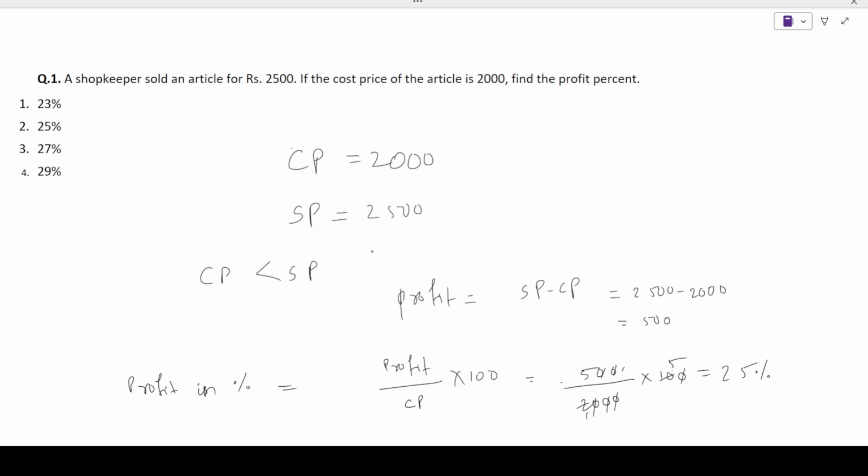So the answer will be option number 2, 25%.